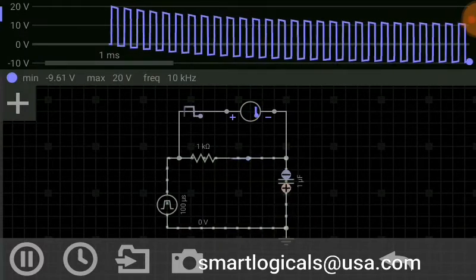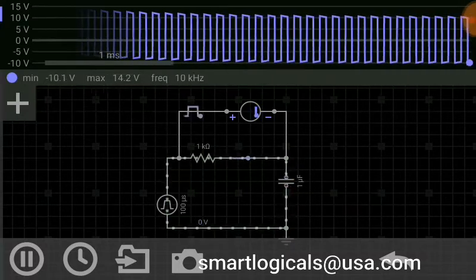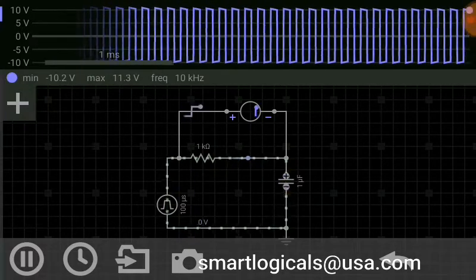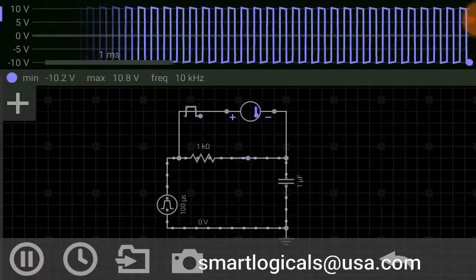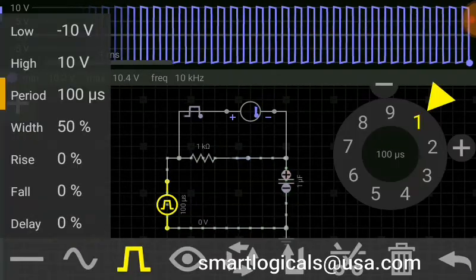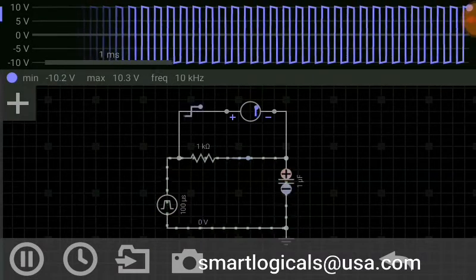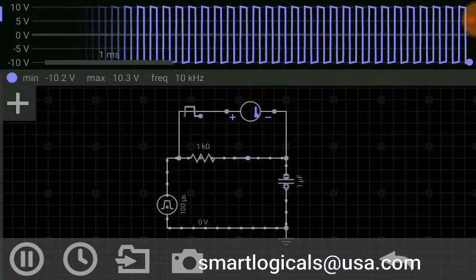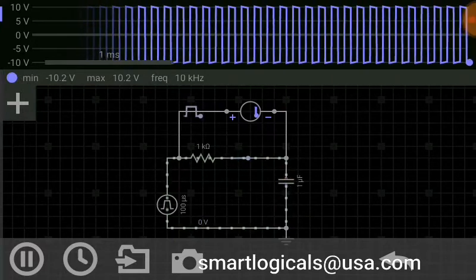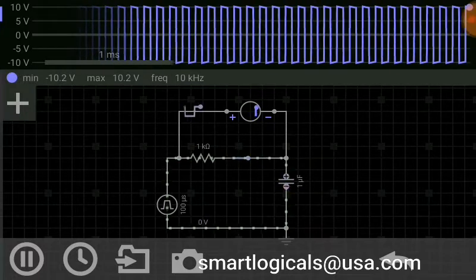It is going to be stabilized, 10 to minus 10 volts. So the output is the reproduction of the input.